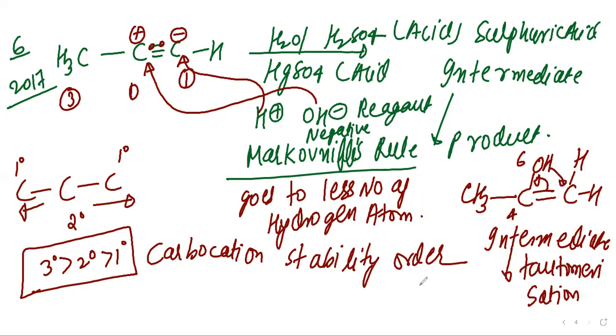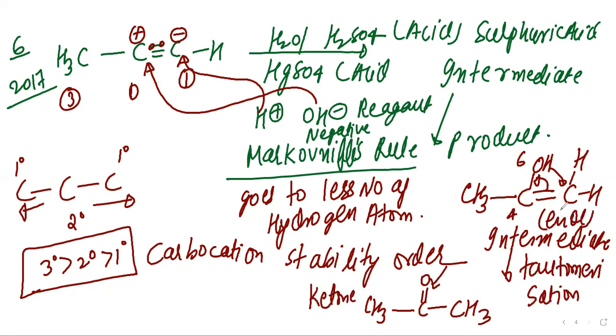So what will be the formation then? It will be CH3, C double bond O, CH3. So one hydrogen is shifted here, right? So this is the formation of ketone, right? This part is called enol. Write it down. So that is called tautomerization.